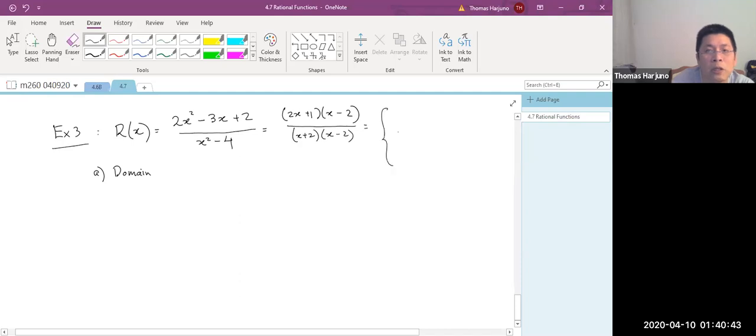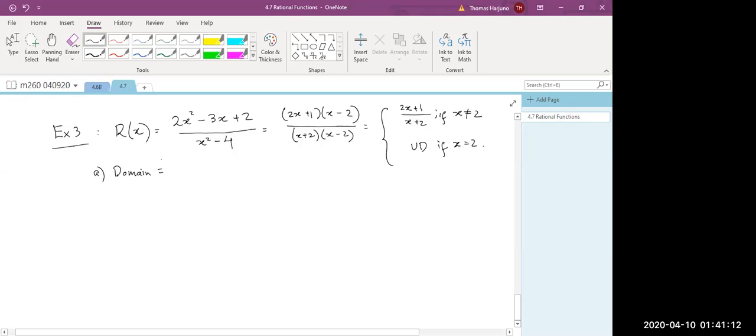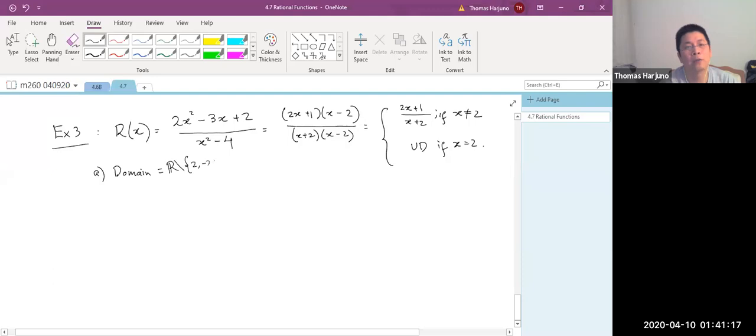Therefore, this is equal to (2x plus 1) over (x plus 2) as long as x is not equal to 2; it is undefined if x equals 2. So what is the domain? All real numbers except 2 and -2.